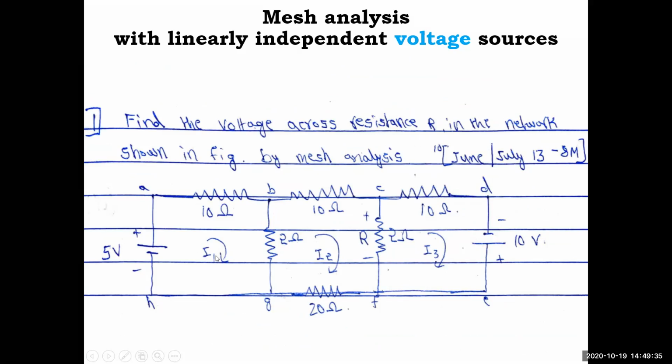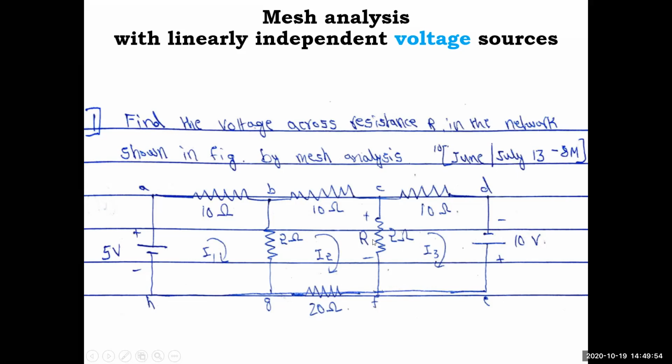So it is minus 2 I1. Then the self resistance of this loop Z22: 10 plus 2 is 12, 12 plus 2 is 14, 14 plus 20 is 34, plus 34 I2, self, that's why plus. Again between 2 and 3 you have 2, and it is mutual, that's why minus 2 I3.